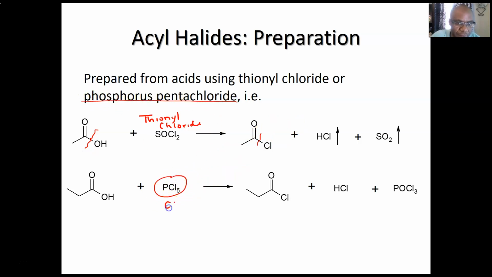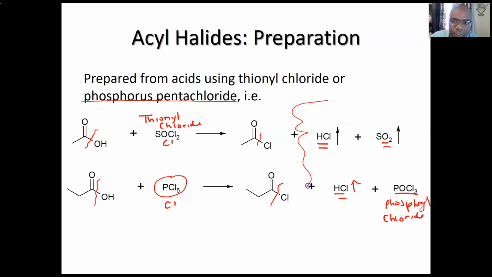This again is just a source of Cl, just like thionyl chloride is a source of Cl. You replace the OH with a Cl. In turn, you lose HCl. You lose sulfur dioxide from thionyl chloride. You lose HCl still, and you lose phosphoryl chloride. This is called phosphoryl chloride.